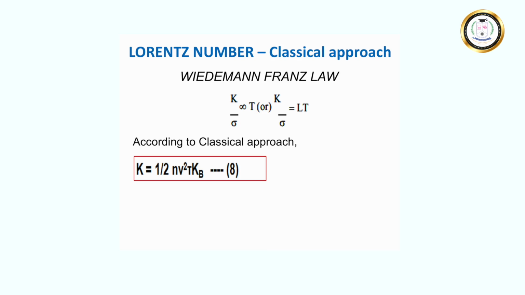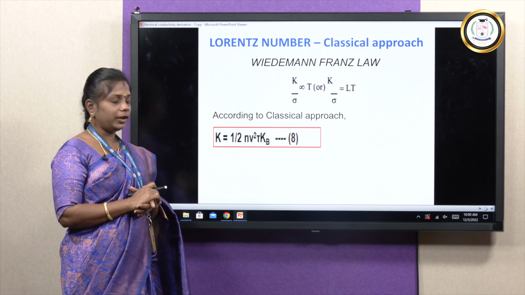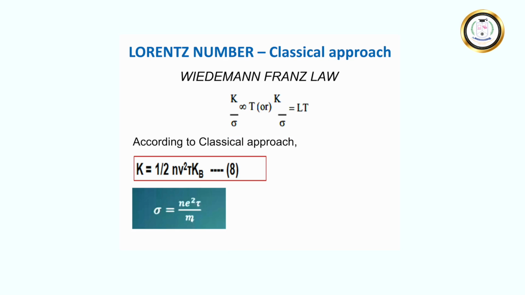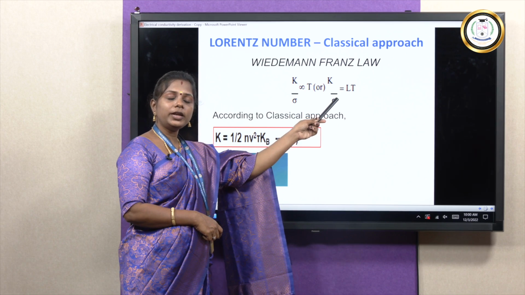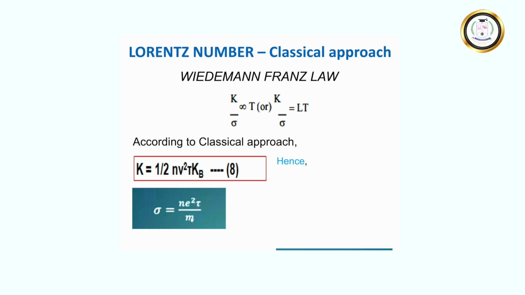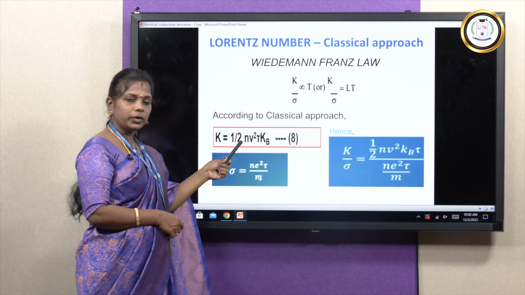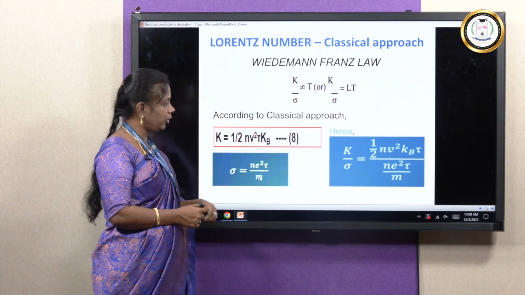According to the classical approach, the expression of K, which we derived in our part 1 session, is nv square tau Kb. The expression of sigma is ne square tau by m. We need to calculate L. How can I calculate L? K by sigma T. This is what we are going to do. K by sigma, using these two expressions, nv square tau Kb in the numerator and ne square tau by m in the denominator.